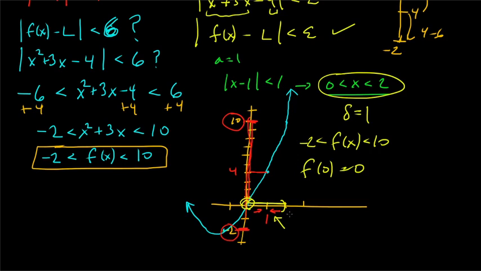And what's my biggest x I could be? Well, actually, it can't be 2. x has to be less than 2. So, okay, pick your x to be 1.999. That's still less than 2. And now, if I go up on the graph, where do I end up? What is f of 1.999? Okay, so it's going to be somewhere close to 10.